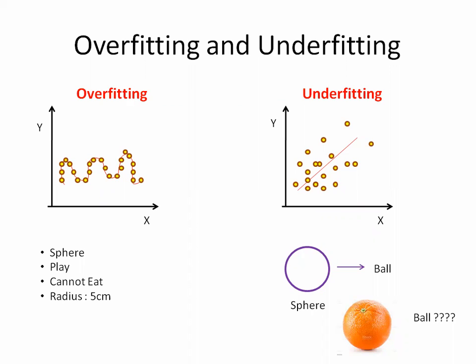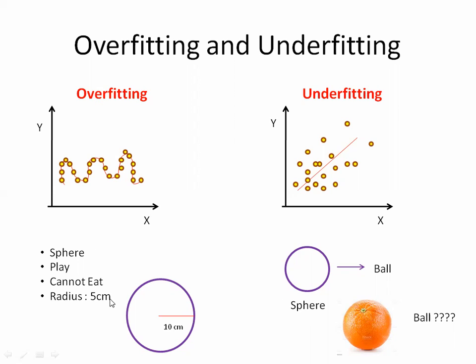Here we can consider many more features or attributes. In overfitting, the attributes are: it is a sphere, we can play with that shape, we cannot eat it, and the radius of the shape must be 5 centimeters. What will happen if we take the orange as input? In the case of underfitting, it is a training model and we test the orange fruit, and it gives us the error.